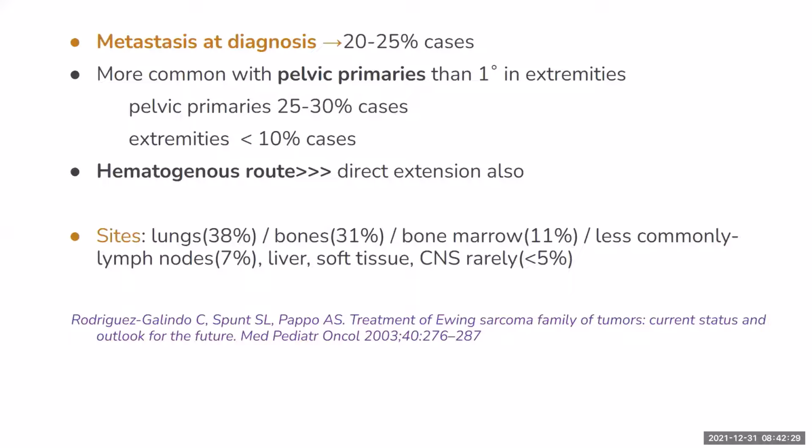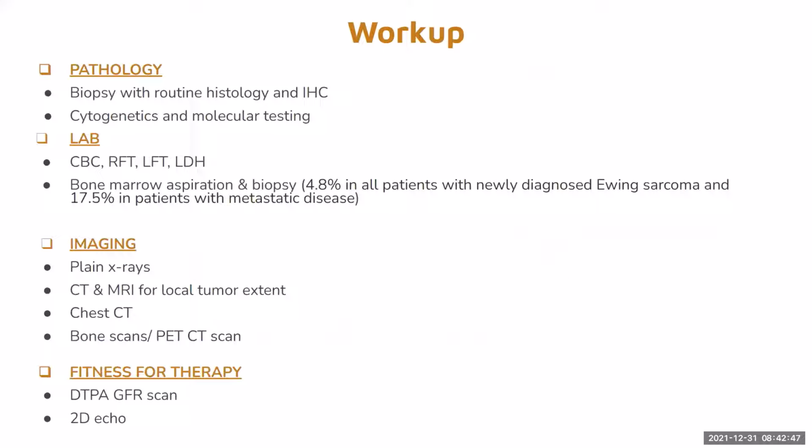Metastasis more commonly occurs by the hematogenous route and direct spread. Lymph node involvement is less common, and it is directly classified as stage 4 disease. More commonly, metastases occur in the lung, followed by bones, followed by bone marrow, and then other sites.